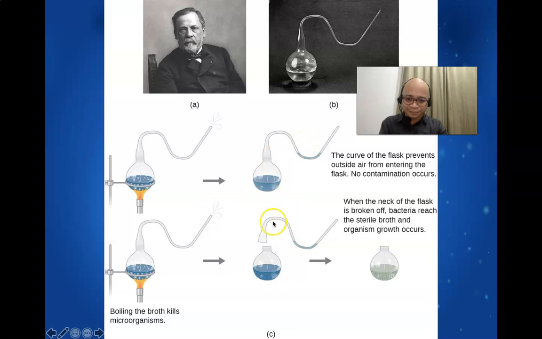On the other hand, on his second set, Louis Pasteur cut this particular portion, the one that you can see here. What happened? The curve of the flask prevents outside air from entering the flask, so no contamination occurs. On the other hand, when the neck of the flask was broken off, bacteria reach the sterile broth and organism growth occurs.